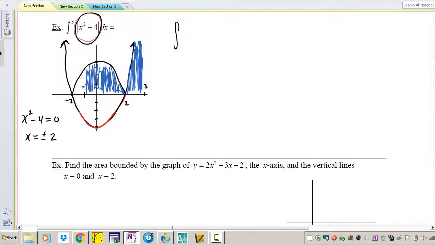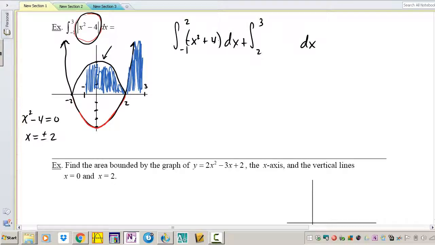So it's going to be from negative 1 to 2 and from 2 to 3 of the functions. Well, this black function here is not the original function, it's the flipped function. So I had to flip x squared minus 4 by negating it. So it becomes negative x squared plus 4.